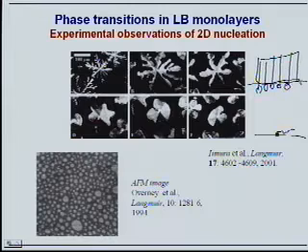Ben had a question: instead of increasing the temperature, can we observe this transition from gas to liquid by increasing the pressure? Not really. If you remember the phase diagram for the three-dimensional case, you have a certain temperature below which you have solid in equilibrium with gas, right?